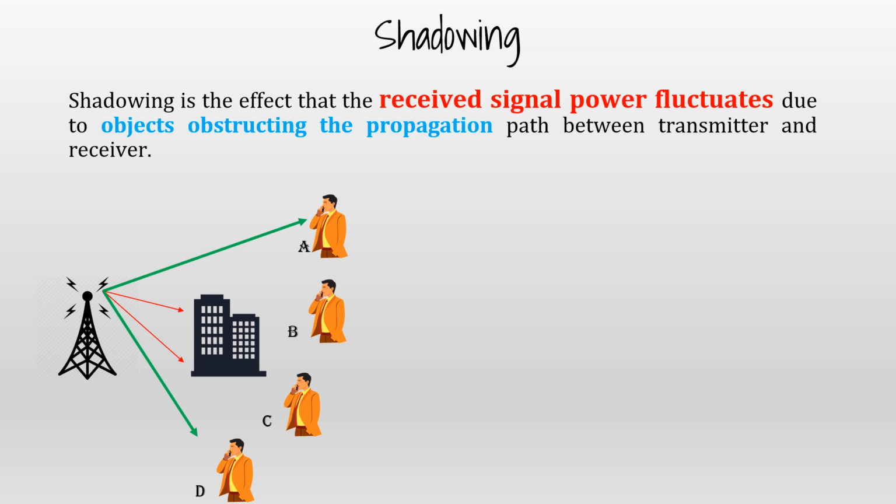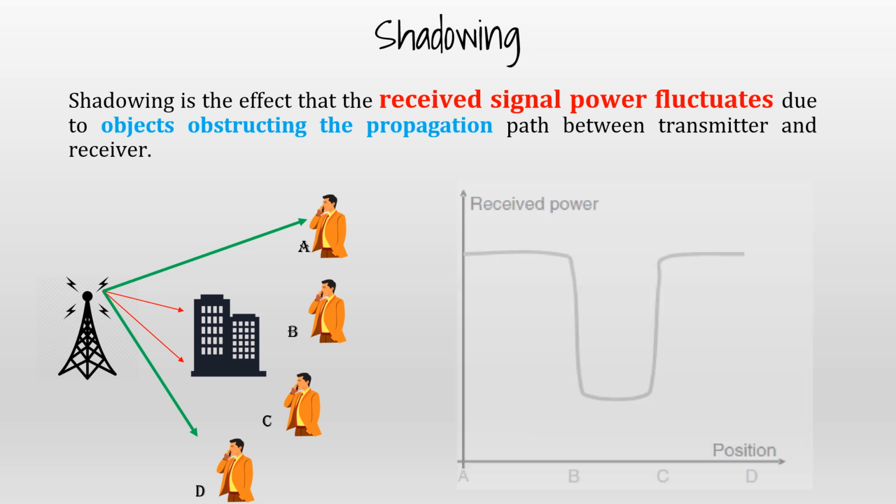The signal strength is going to get greatly affected because of the obstacle present between the transmitter and receiver. The receiver will still get the signal but with reduced strength, not as strong as at point A. After that, when he moves on to point D, the signal strength will be increased again.